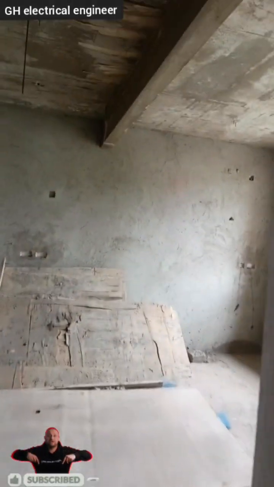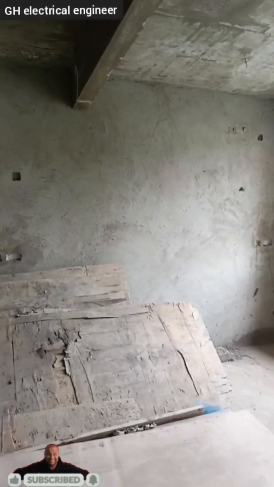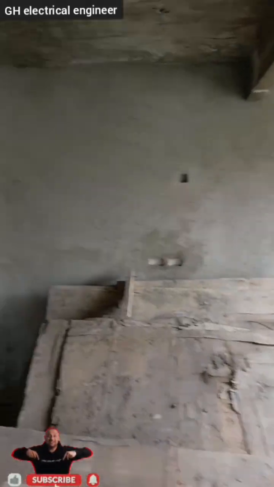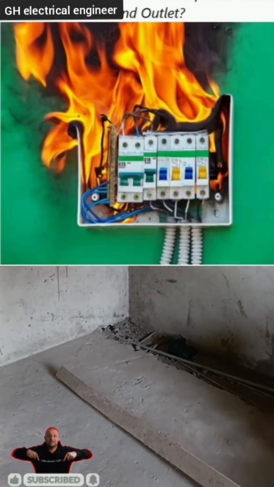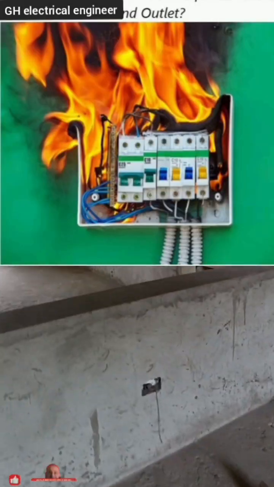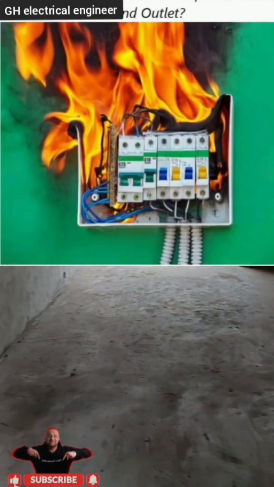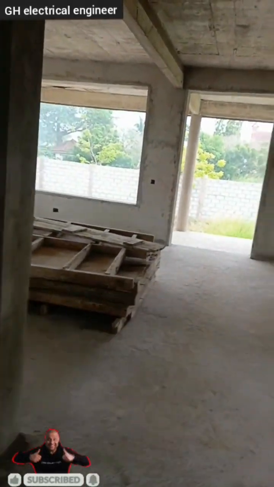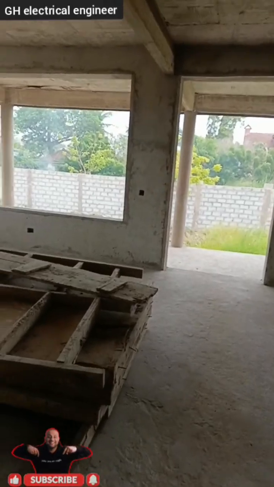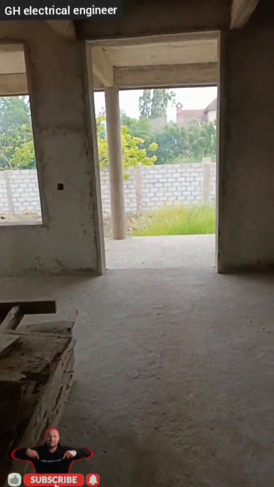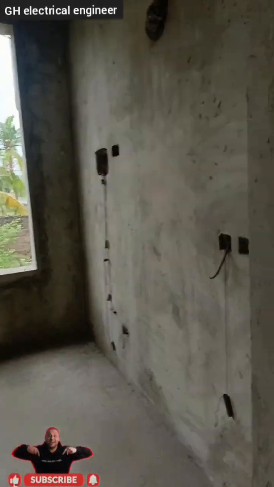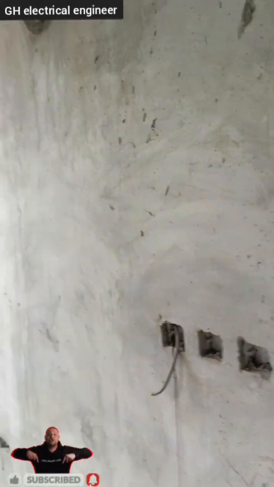The person will go back and turn it on again. It goes back and forth, back and forth. Trust me, it is most likely that your property is under a high risk of damage. When you find your distribution board tripping and you turn it on and it trips down again, make sure you consult your electrician, whoever did that project, and make sure they come and take a look at it.